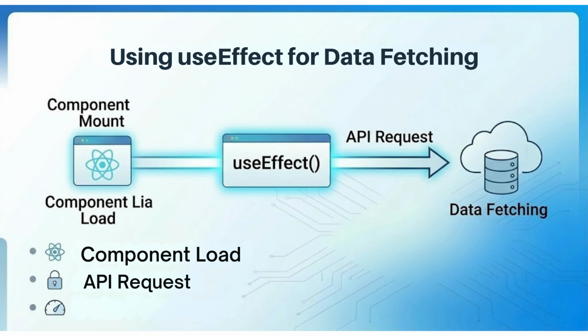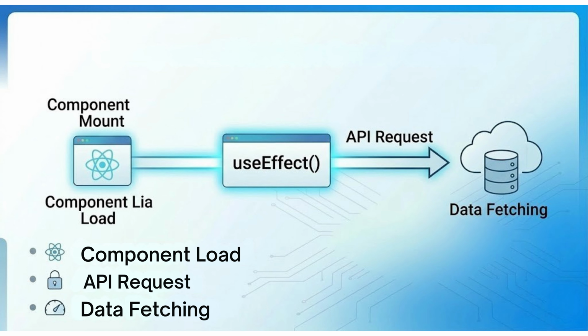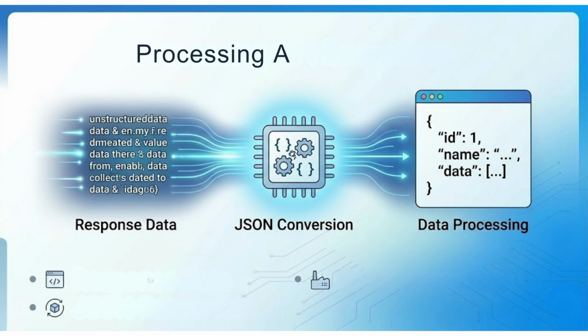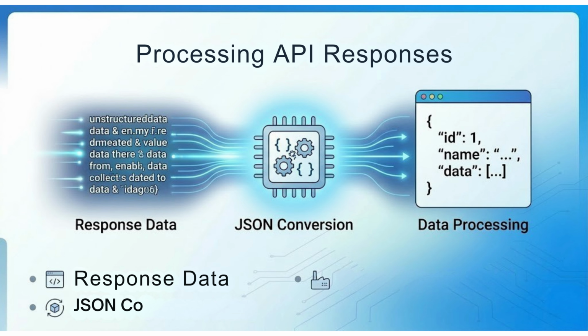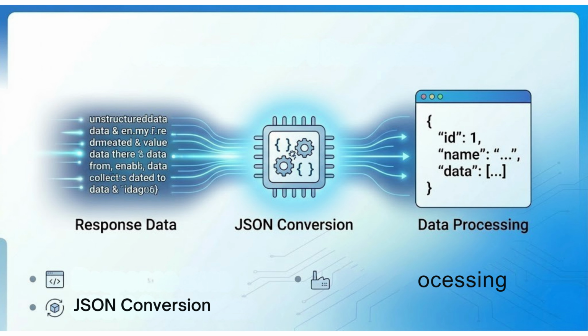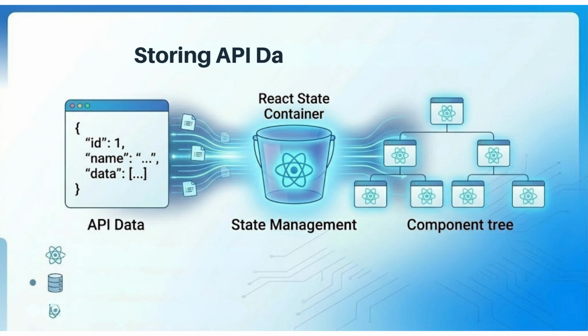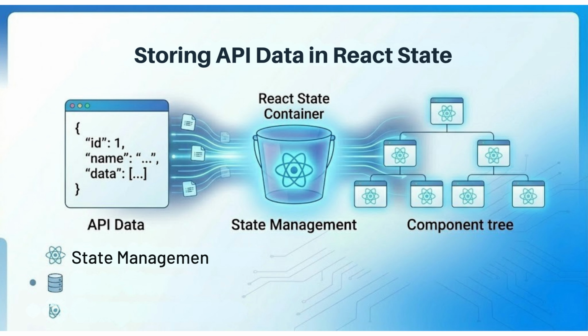Once the response is received, we convert it into JSON format and store it inside React state. When the state updates, React automatically re-renders the component with the new data. This is how React applications display dynamic data from APIs.